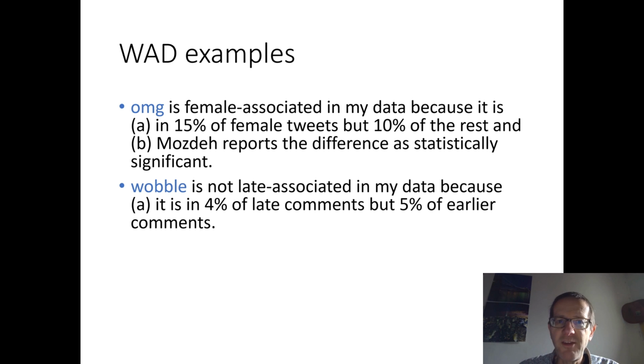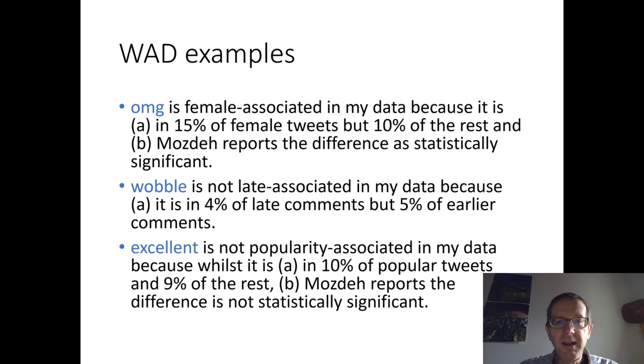A wobble is not late associated in my data because it's in 4% of late comments but 5% of earlier comments, so it's not associated with being late because it doesn't have the higher percentage. And excellent is not popularity associated in my data because although it's in 10% of popular tweets compared to 9% of the rest, so it is more used in popular tweets, Mozdeh reports that the difference isn't statistically significant, so it doesn't give it any stars.